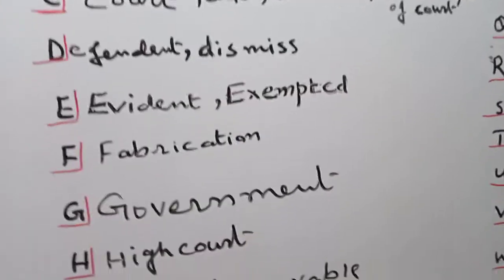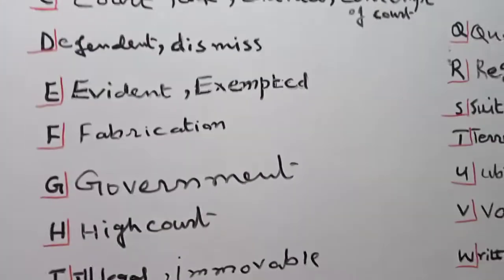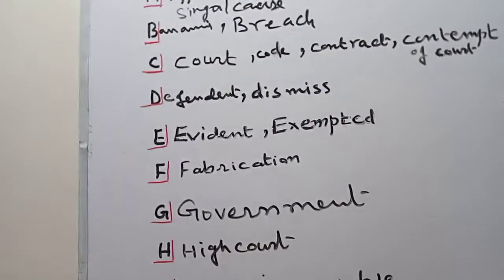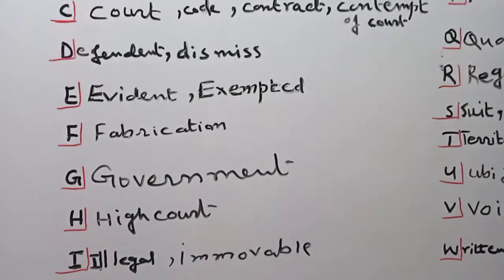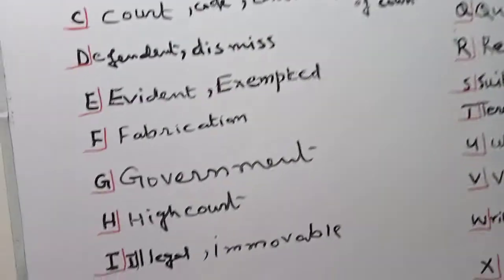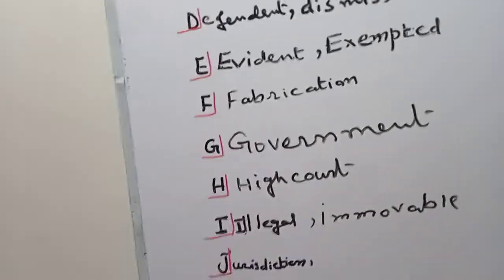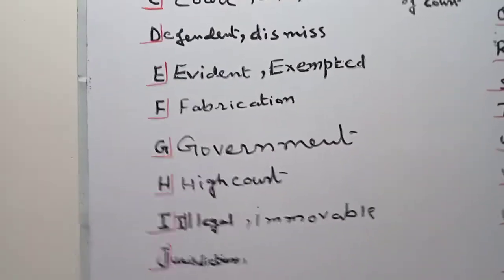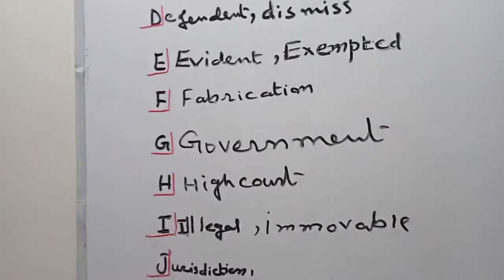They are not working on it, so it is dismissed. Dismissed because of something, of course there is default, otherwise not. Evident. Evident means clear. Same as evidence, the meaning is clear.